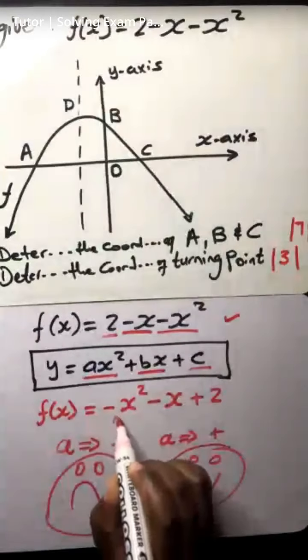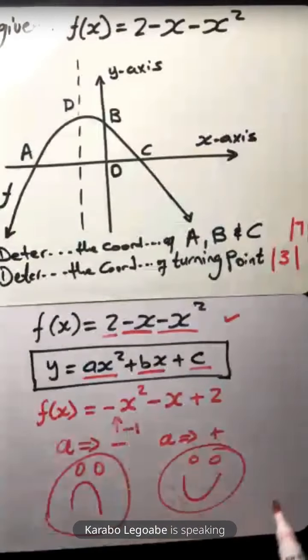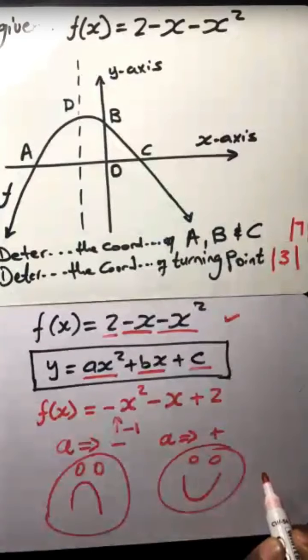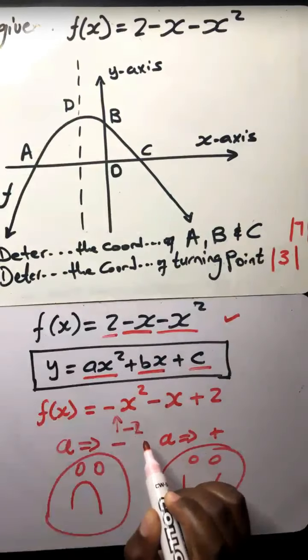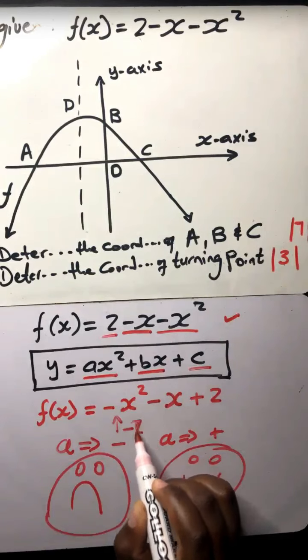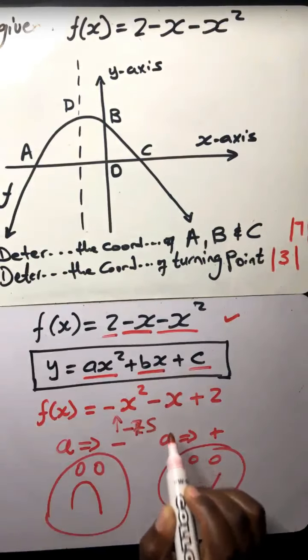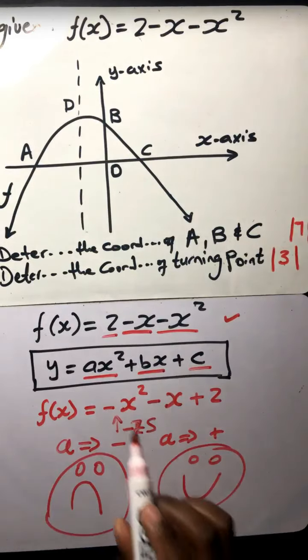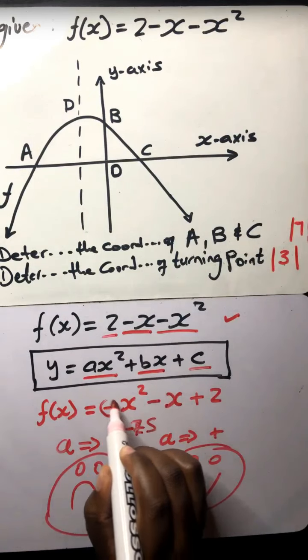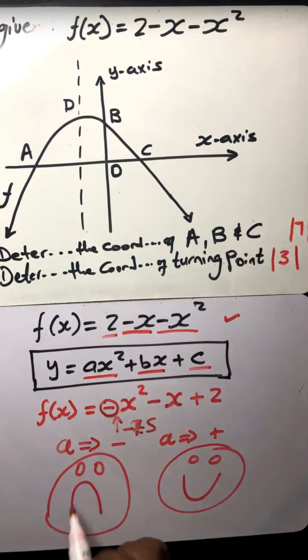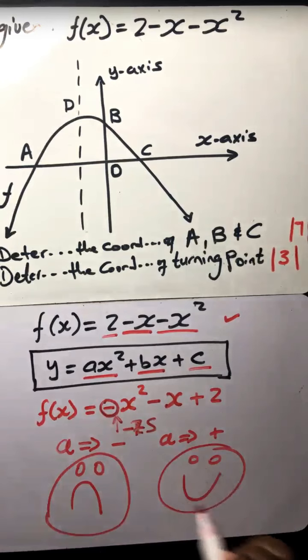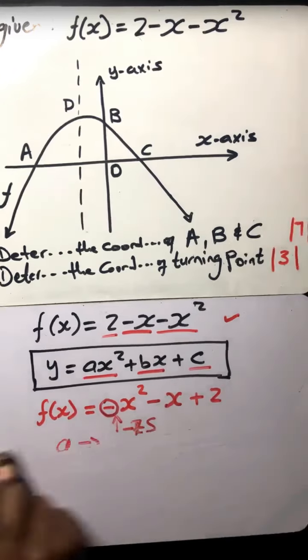So the value of a is negative 1. If it was negative 2, it doesn't matter whether it's negative 7, negative 5, it's negative whatever. What matters the most is that for that a value to be negative, then we're going to have a sad shape. For it to be positive, then it's a smiling shape. So I'm glad we are all on the same page on that one.